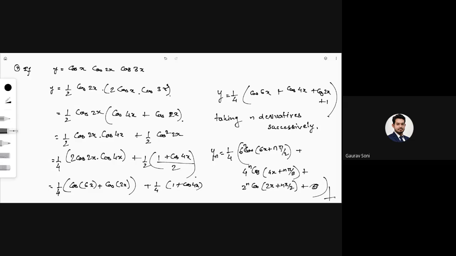Fine. Now what we will do is we'll get to a very important type of examples where I want to find nth derivative of some polynomials, like partial fractions. Find nth derivative of, don't write anything, just concentrate for a while.